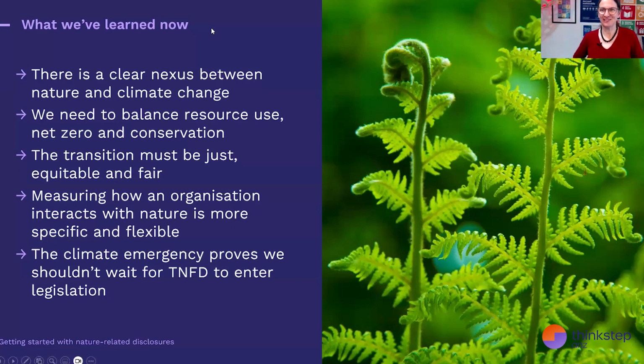Big thank you, Rosie. That I think was really clear that there is that interconnection between nature and climate change, but also that we have to balance our resource use to get to net zero. We obviously need a fair transition.